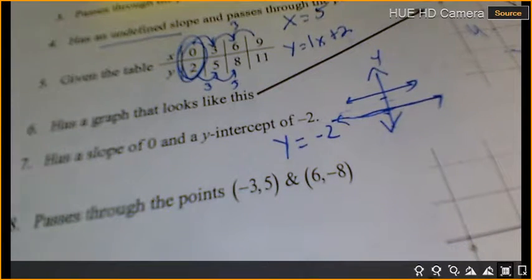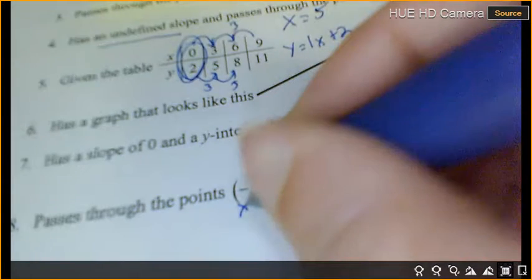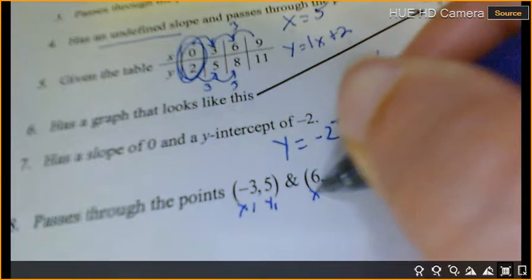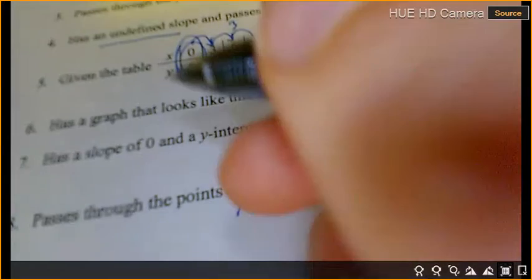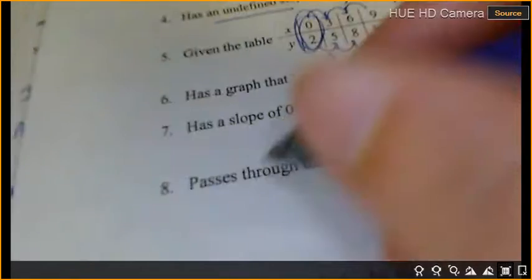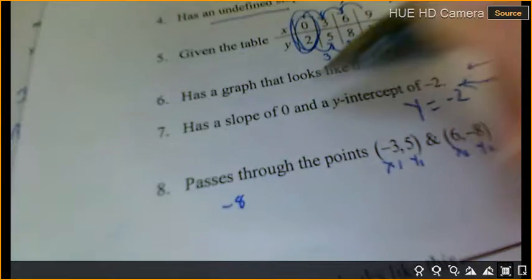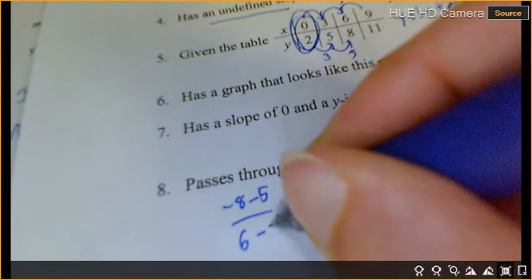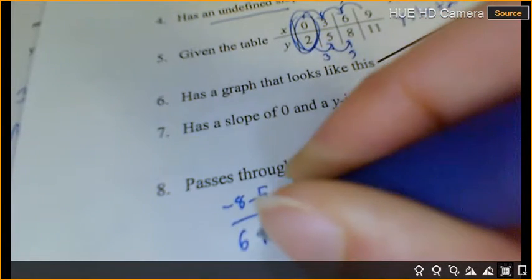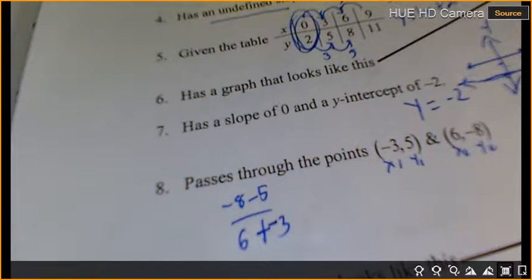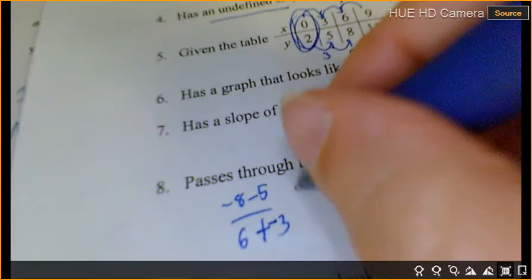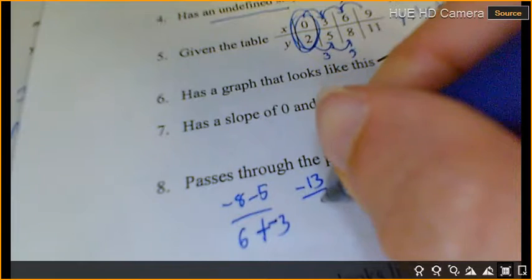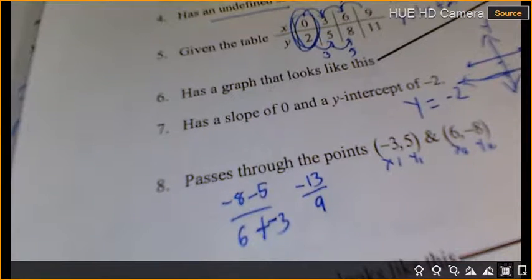Passes through these points. So we're going to go back to x1, y1, x2. Good. So it's -8 minus 5 over 6 minus -3. Yep, so we make it plus. So 8, 9, 10, 11, 12, 13. -13 over 9. Okay.